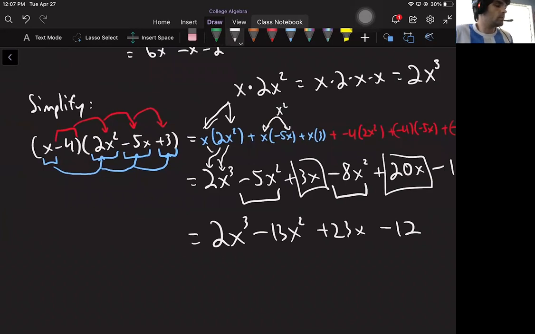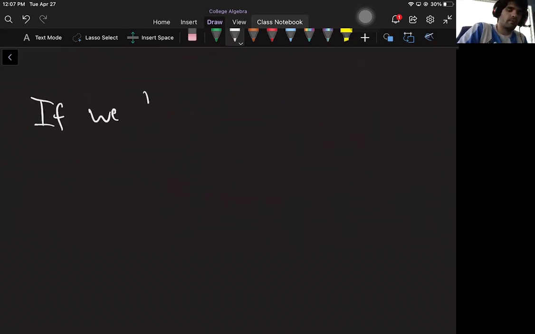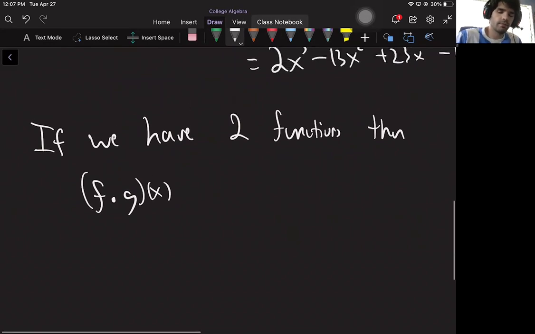So then what we could do is we could do something with functions again, like we did last time. So if we have 2 functions, then we can write them as f times g. So last time we added and tried to create a new function. So f times g of x is going to be multiplying them instead.